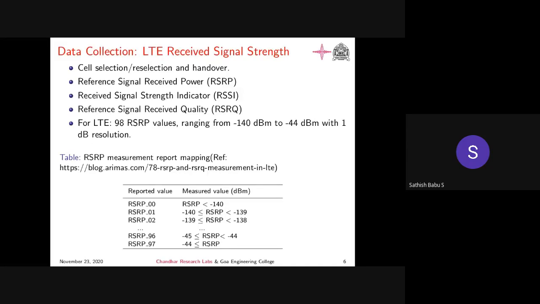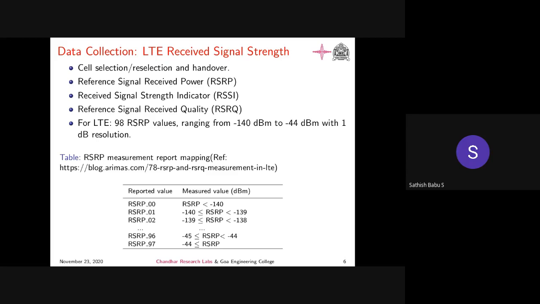This reference signal received power is the average or total received power observed in the OFDM symbols over your n resource blocks. The second parameter is received signal strength indicator.